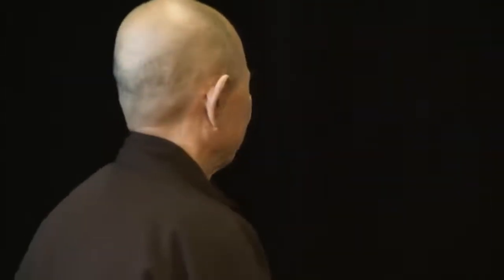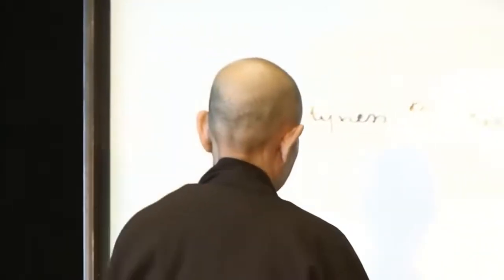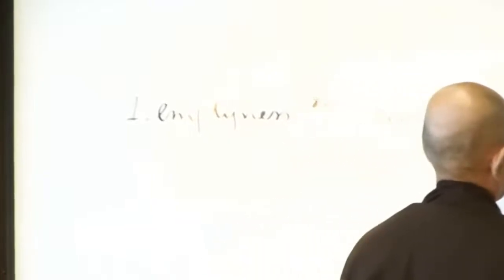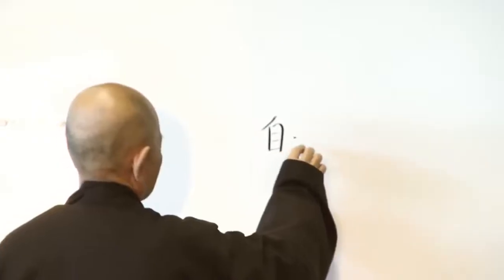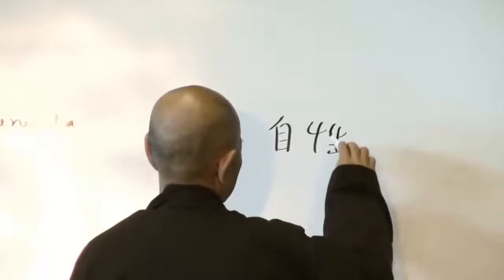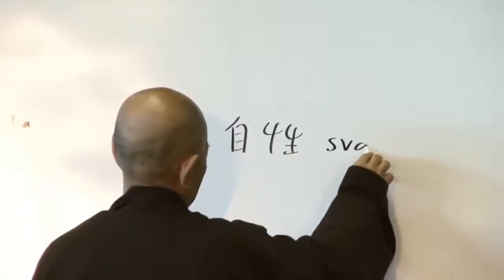A flower cannot be by herself. A flower does not have a separate existence, a self-nature. Self-nature, svabhava, self-existence, self-nature, svabhava.